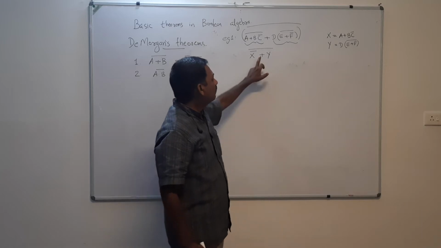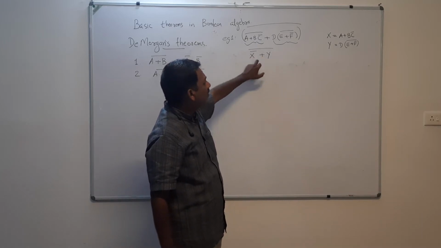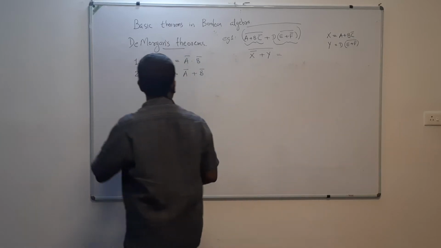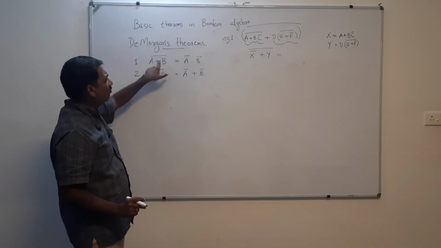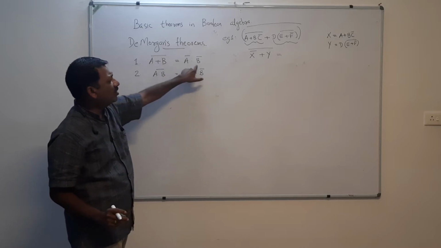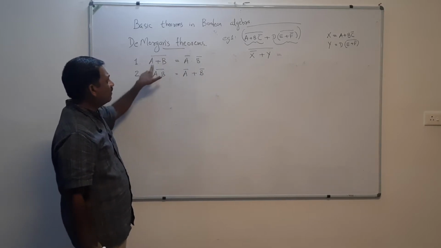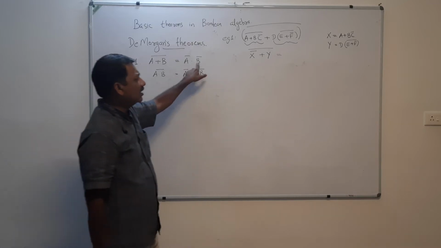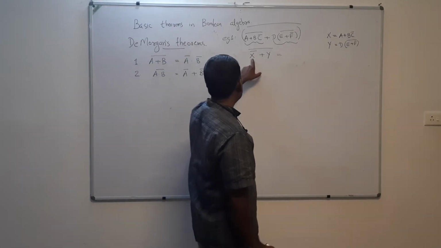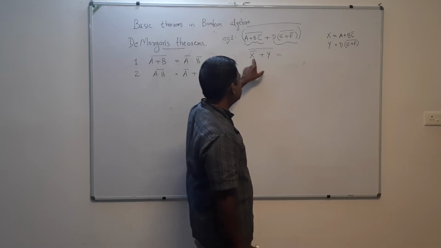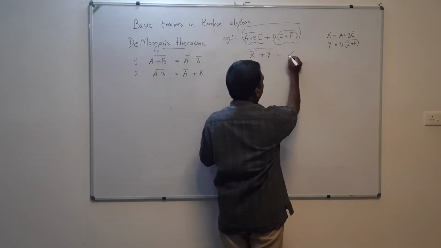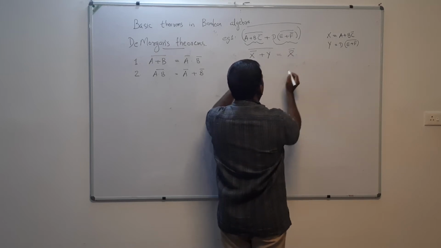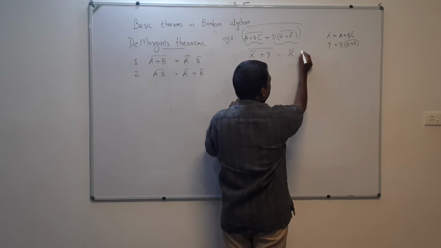When you are simplifying this X plus Y bar, A plus B the whole bar is equal to A bar dot B bar. Likewise, treat this as A and this as B. This becomes X bar the whole bar dot Y bar.